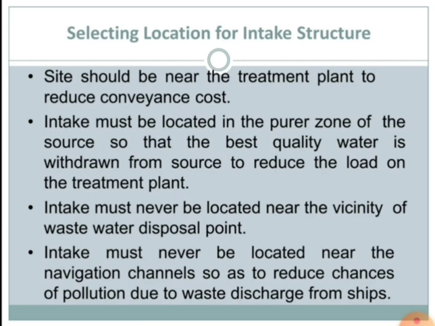When the water quality is pure at the source itself, the load on the treatment plant will be comparatively lesser. If it is impure water, then the load will be more, so the treatment process also will vary.